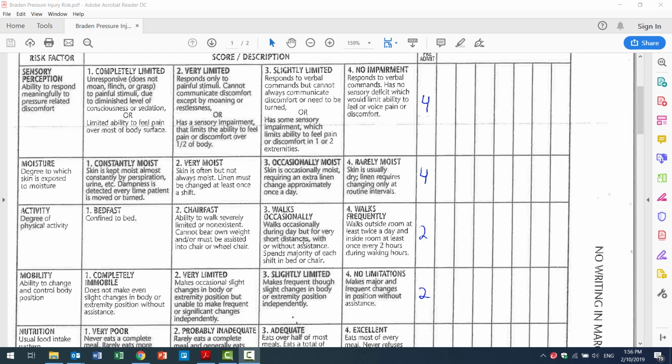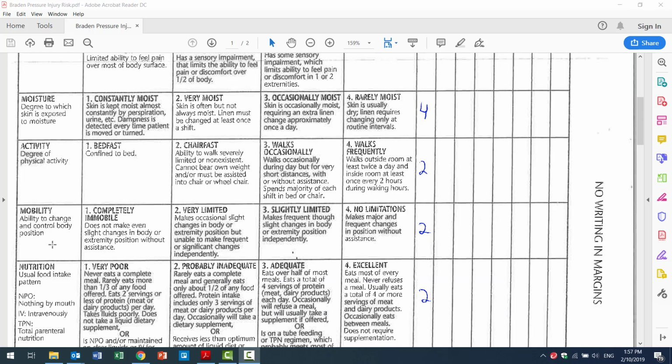Walks occasionally, so very short distances with or without assistance, spends majority of each shift in the bed or chair, or walks frequently, at least twice a day, and gets up once every 2 hours during waking hours. So in this case, the patient has been classified as a 2, chair fast. We're not sure of this particular situation. However, from what we can understand here, the patient spends most of his day in a chair.